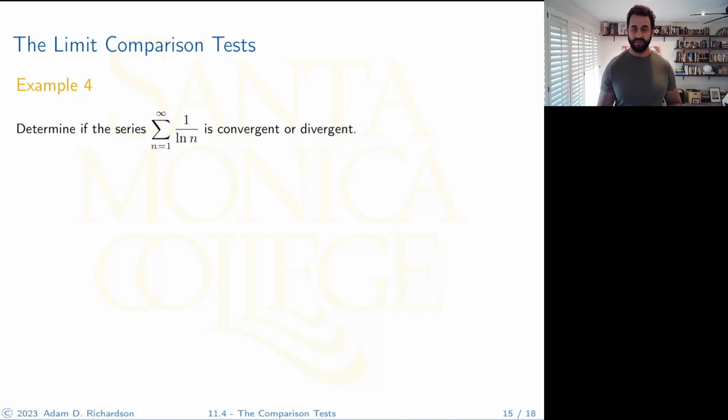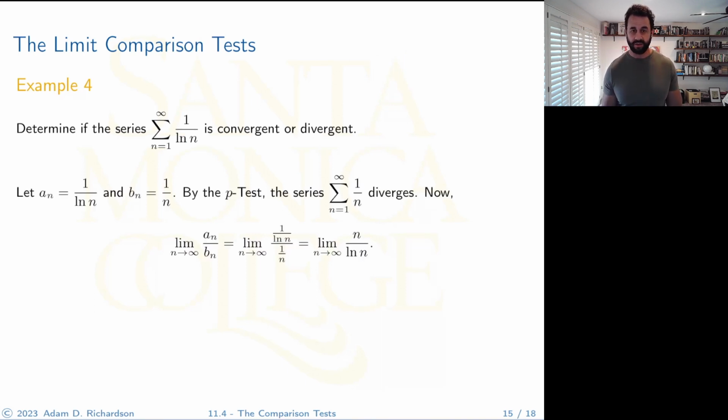That's another thing that's tricky about these types of problems. You don't really know, but I have a hunch that it's going to diverge. And just as a guess, I think I'm going to try to compare it to the series 1 over n, the harmonic series, which I know diverges. So here's how the argument goes. Let a sub n be 1 over ln of n, and b sub n be 1 over n.